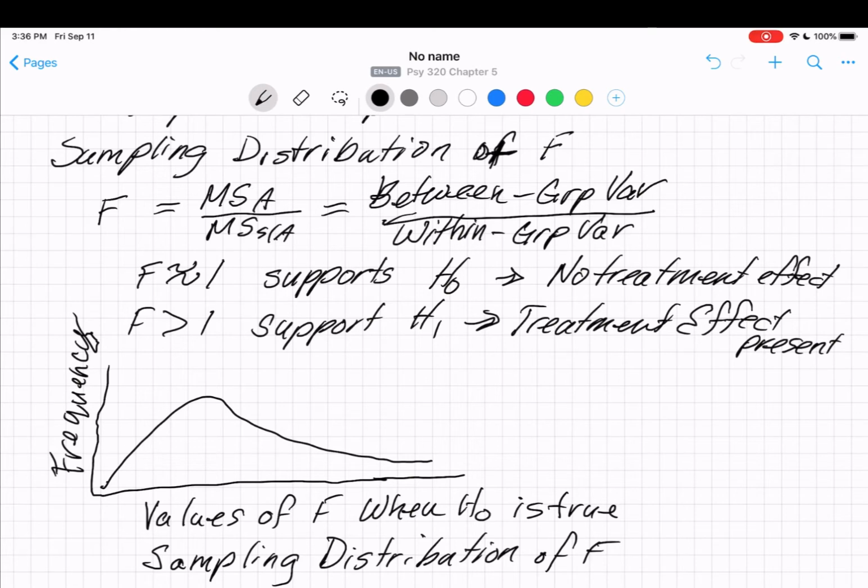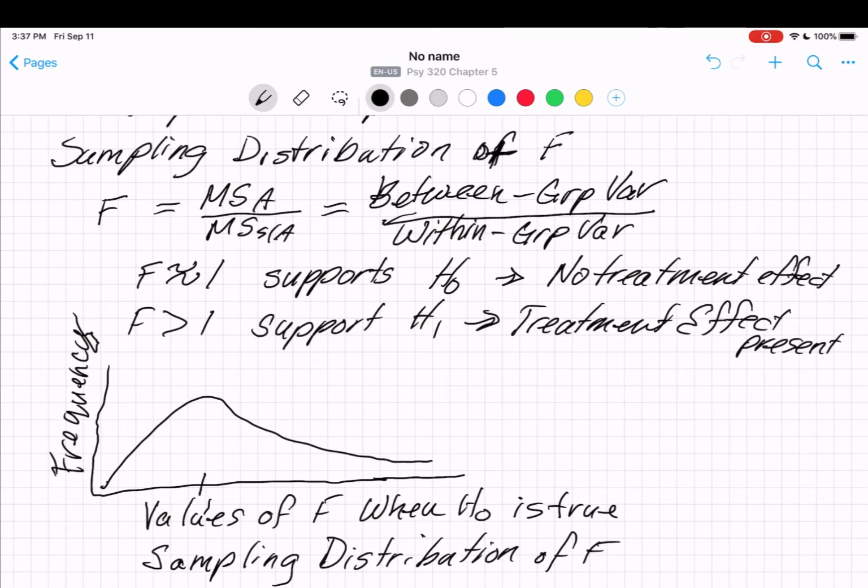Okay, so this is our graph. So you can see along the x-axis, we have potential values of the F statistic when our null hypothesis is true, okay? And along the y-axis, we have frequency, okay?